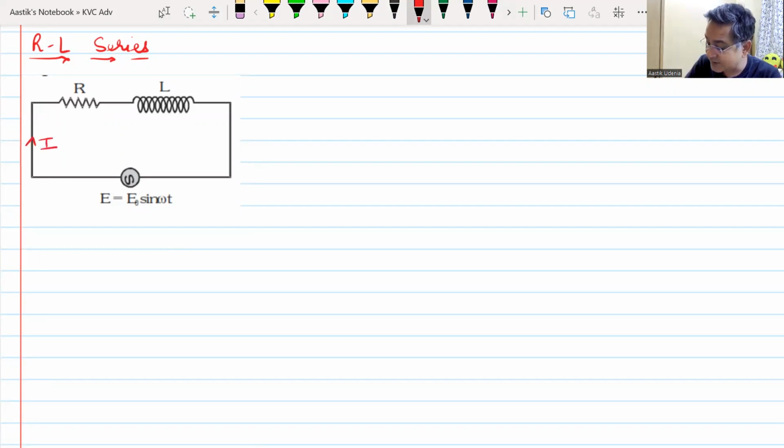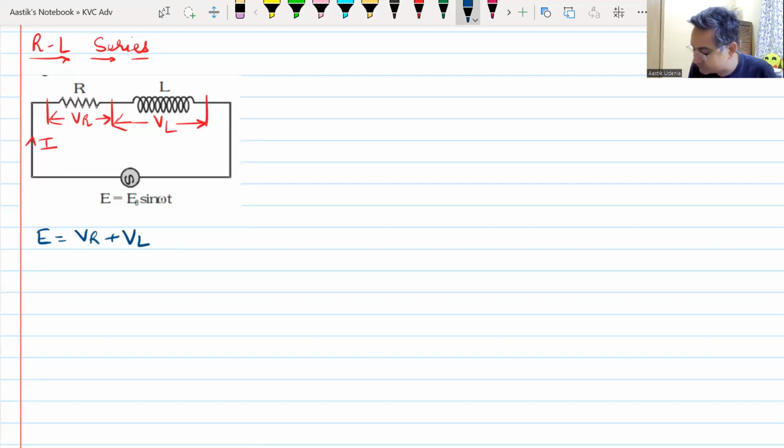Current in the circuit is I. There will be a voltage drop across the resistor VR. There will be a voltage drop across the inductor VL. Do we understand this? Yes. Now, whatever you do, whatever you see, the total EMF E will be equal to VR plus VL.